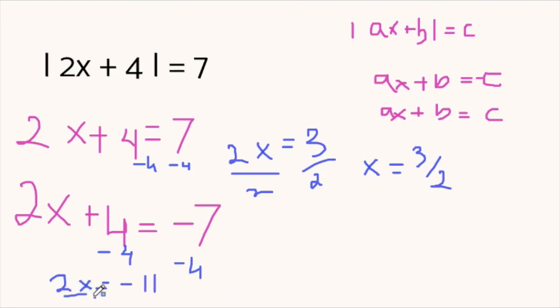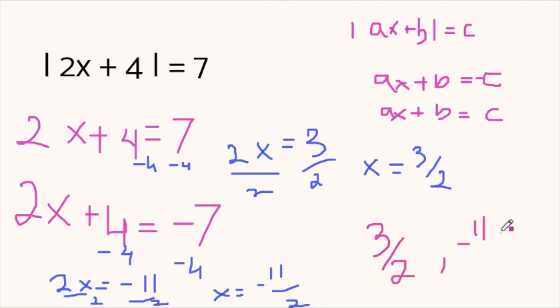Divide both sides by 2. X is equal to -11 over 2. And with this absolute value and equality, that means the answer is both 3 over 2 and -11 over 2.